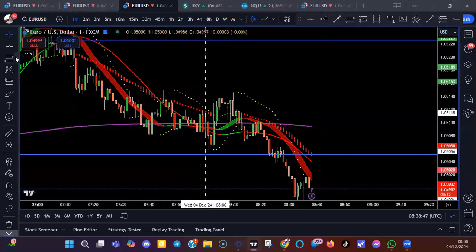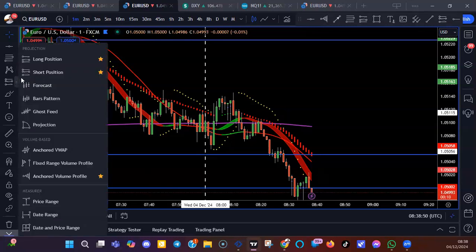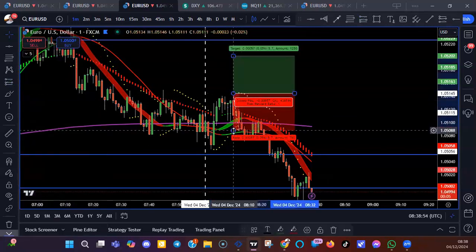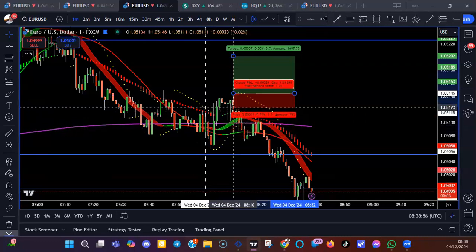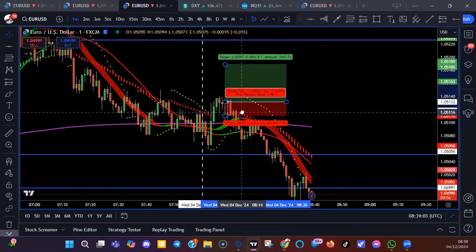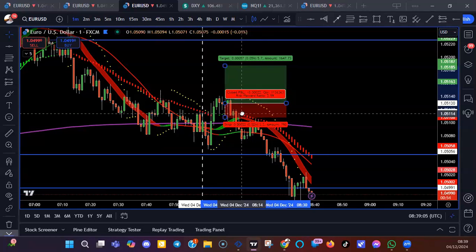Right, let's just have a look at this then. For a start, you should be 2.2 pips away, and that's where your stop loss would be.